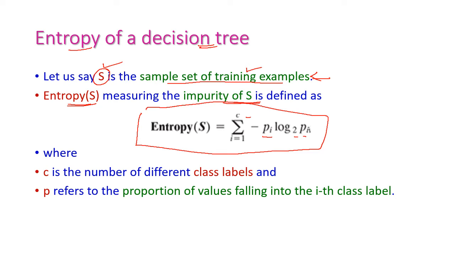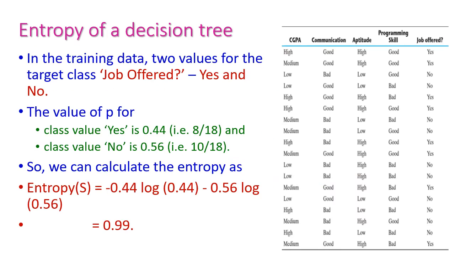So this is the entropy formula. Here C is nothing but the number of different class labels in that particular attribute, and P is the proportion of values falling into the ith class label. By this way, we can compute the entropy of decision tree.